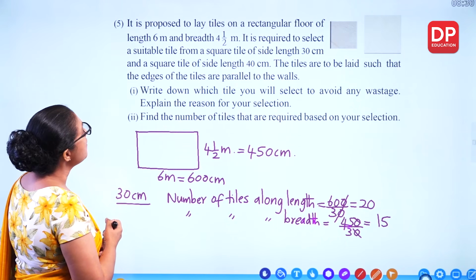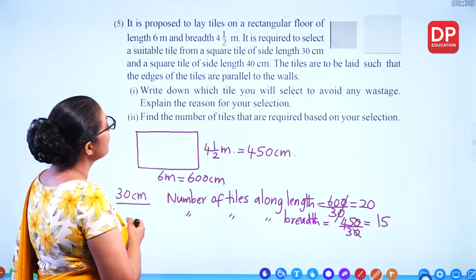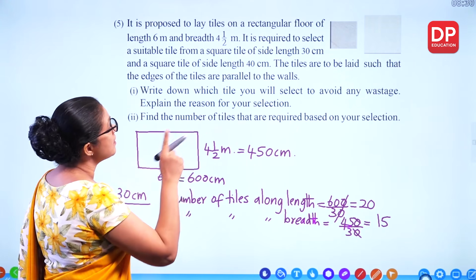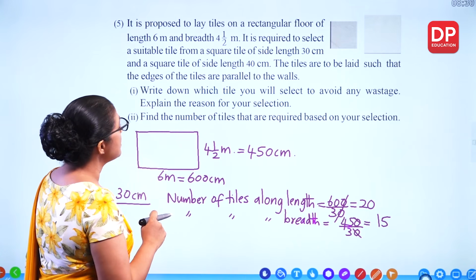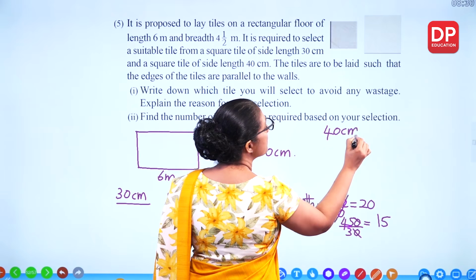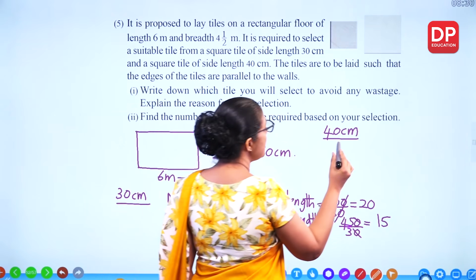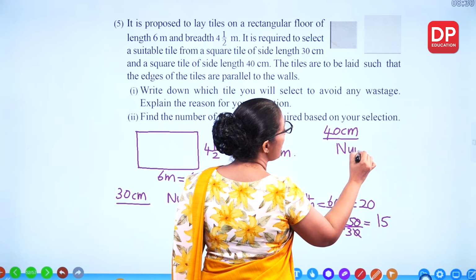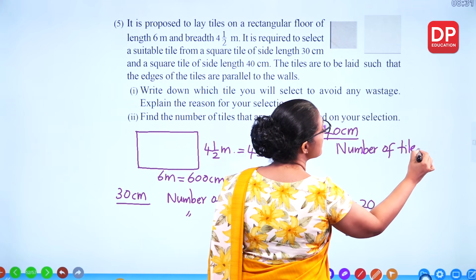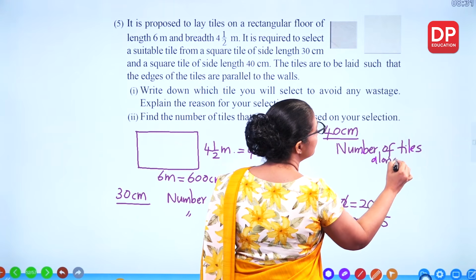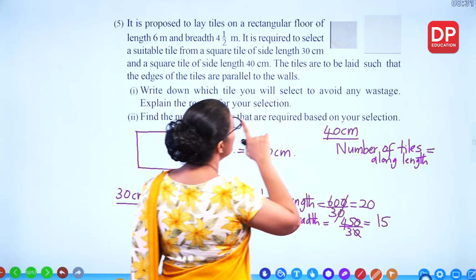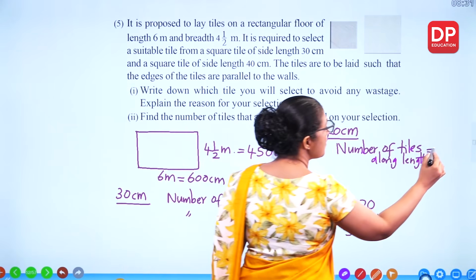Now we'll take the other way around. So when you take second method, if the tile length is 40 centimeter, what happens? How many tiles along length you can fit? The full length is 600.